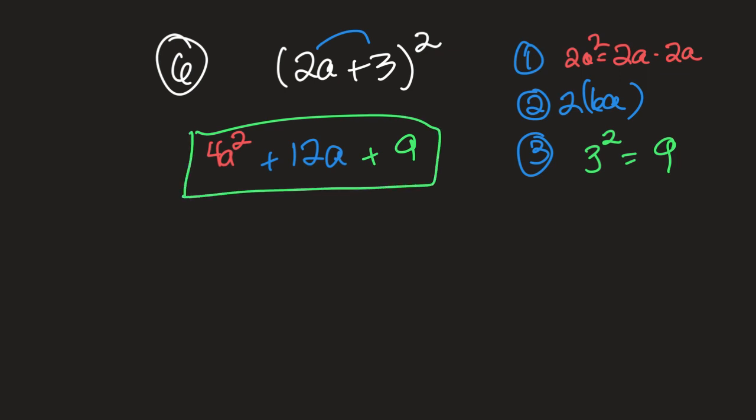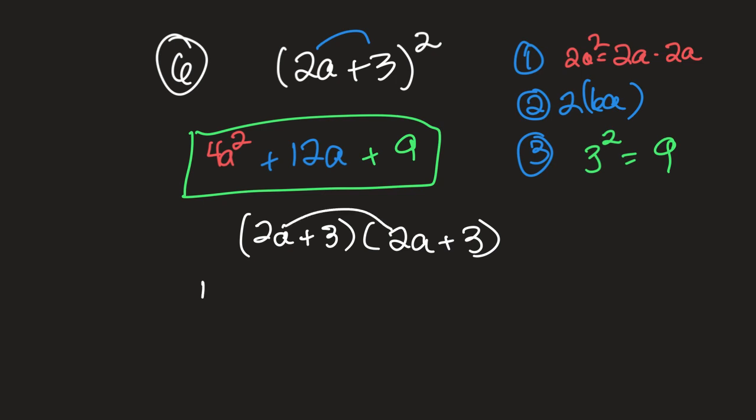Now, say you're kind of confused on the perfect trinomial squares, you could go ahead and write this out because there's 2 of them, and you could do it by FOIL. So then you just do first times first, which is 4a squared, and then you're going to do your outside, which is plus 6a, your inside.